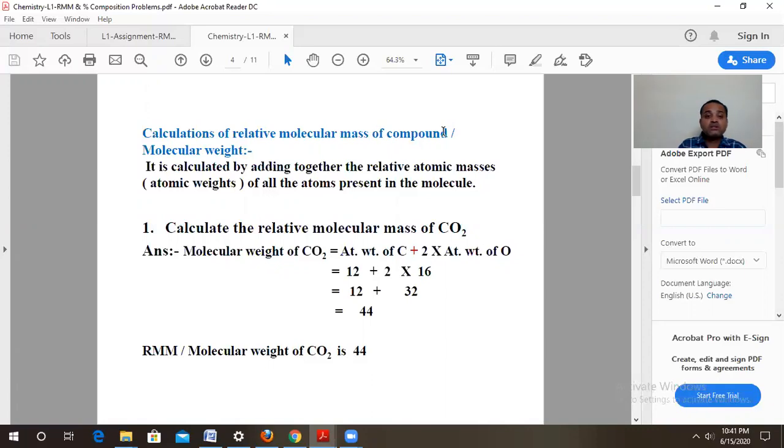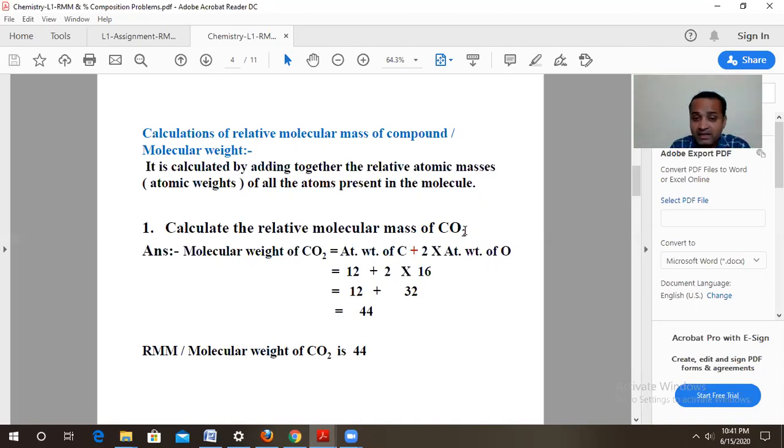Example, let us find out the molecular mass of carbon dioxide. Carbon dioxide is made up of one atom of carbon and two atoms of oxygen. So we are going to add the mass of one atom of carbon and the mass of two atoms of oxygen.